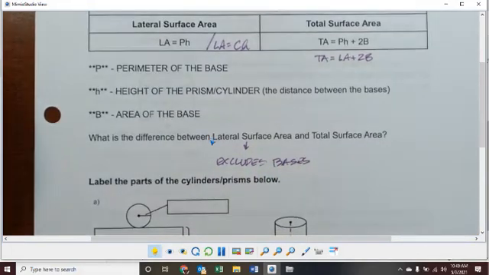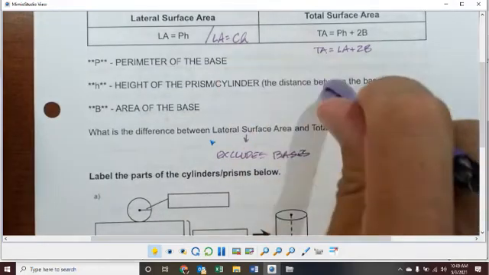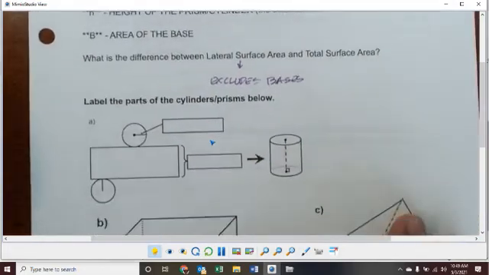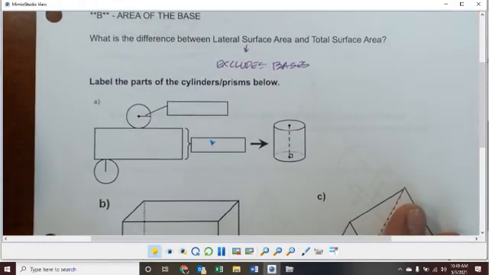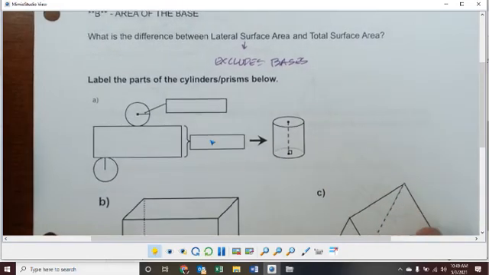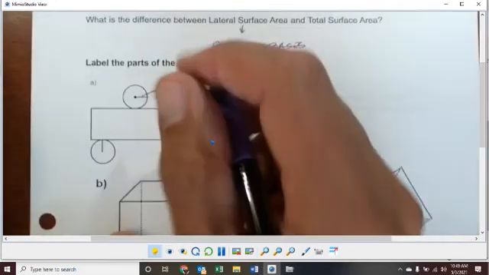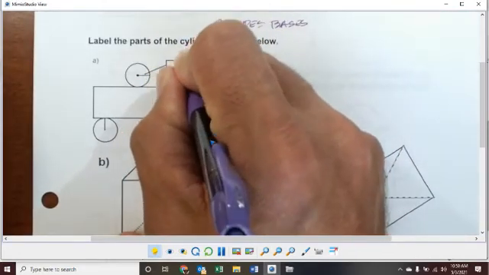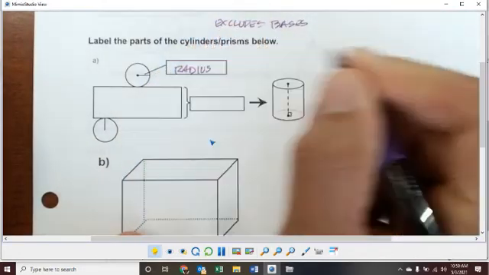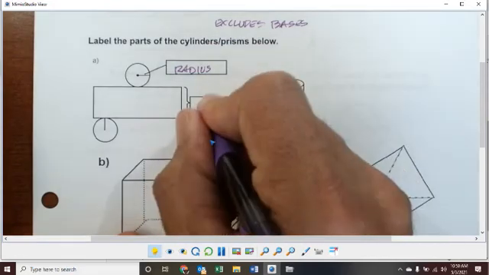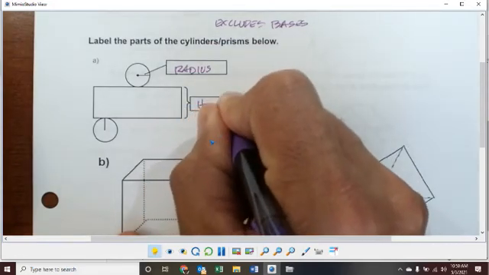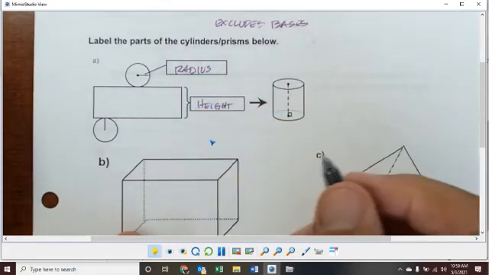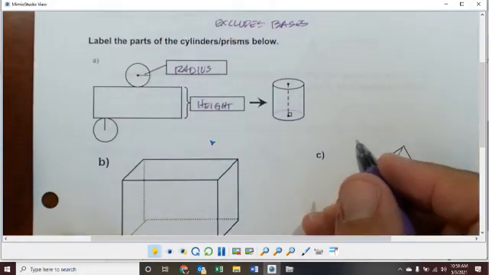All right, so if I set it on its base, then it's just the stuff around it that is the lateral surface area. So a few things to look at with our cylinders and prisms. This is the radius of our cylinder, and this is the height. And our center is right there.